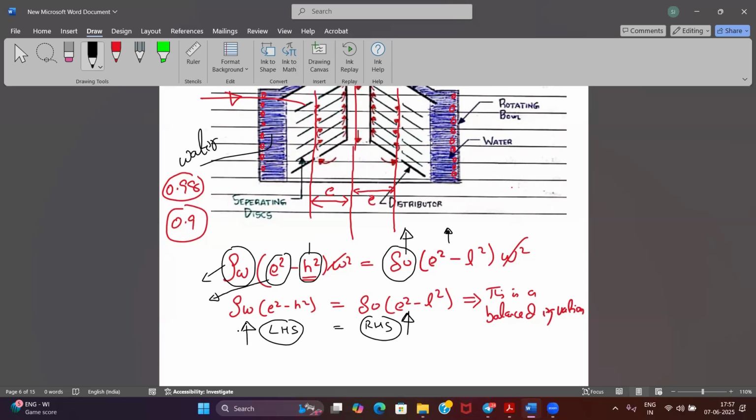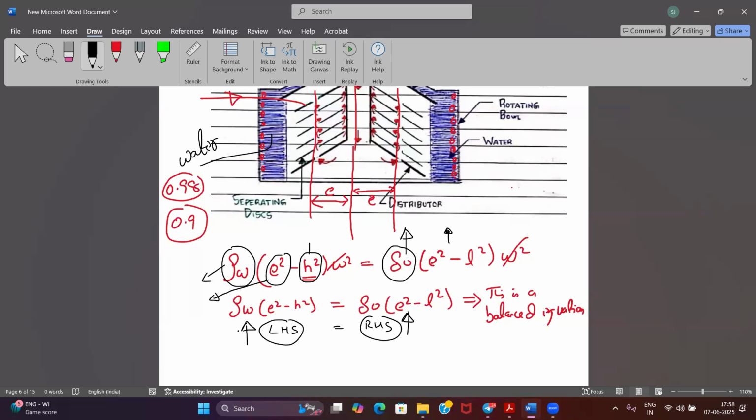If we increase h, then the difference e square minus h square will go further down. So we have to decrease the h, isn't it? Hence the diameter of the specific gravity disk needs to be reduced.